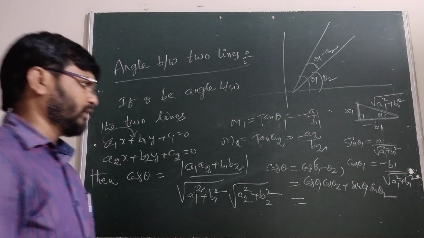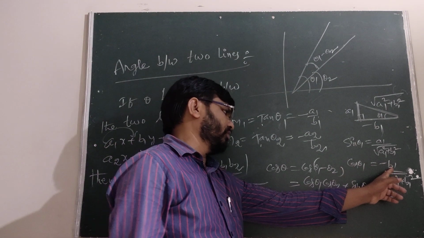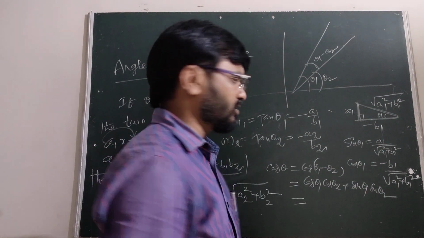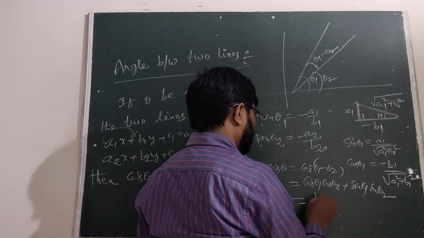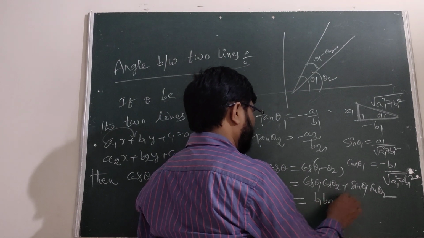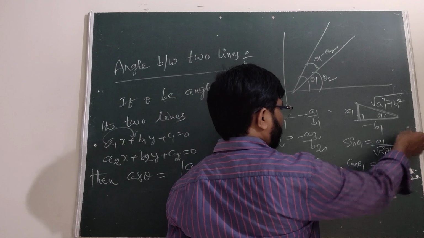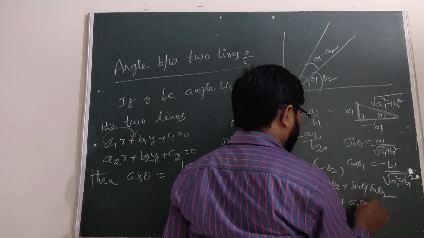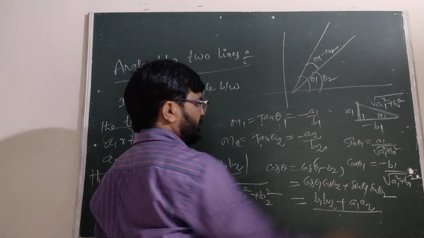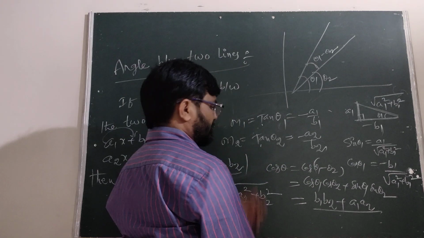Cos a cos b: cos theta 1 is minus b1, cos theta 2 is minus b2. Minus into minus gives plus b1 b2. Similarly, sin theta 1 sin theta 2 is a1 into a2. What is the LCM in both cases?